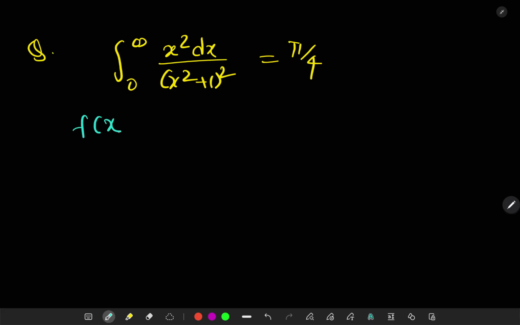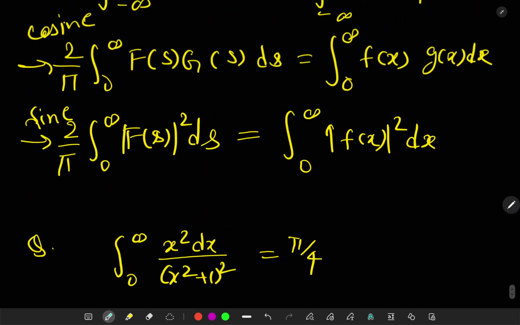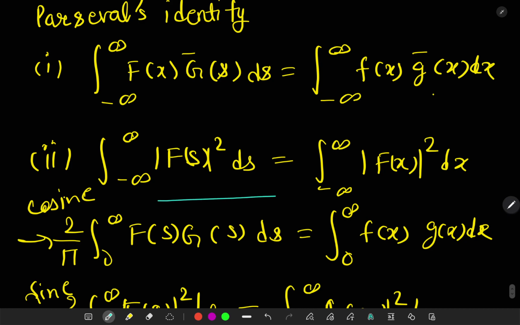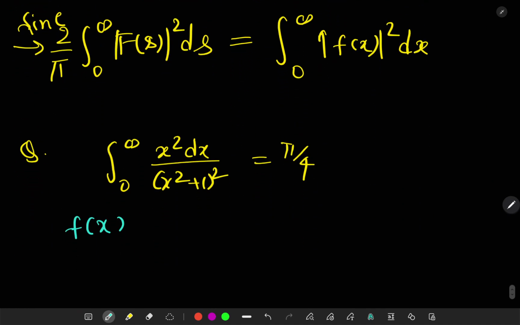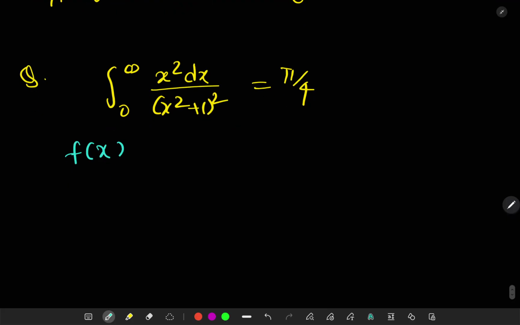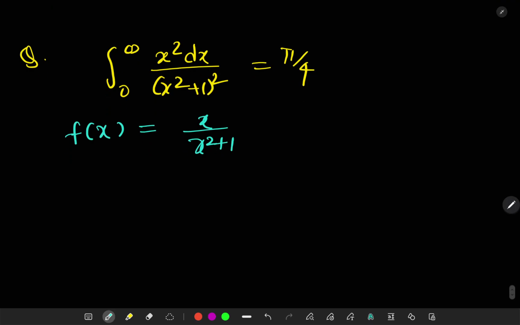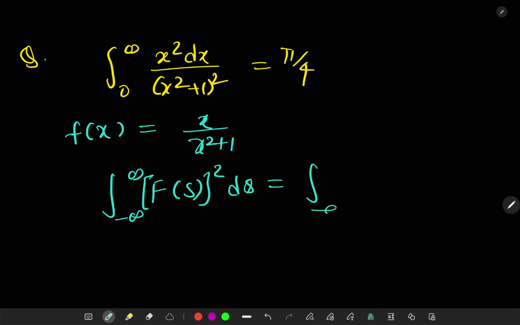Here, using the second Parseval identity, we need to find f of x, which is equal to, as you can see here, x by x square plus 1. Here Parseval identity is integral minus infinity to plus infinity mod of f of s whole square ds is equal to integral minus infinity to plus infinity mod of f of x whole square dx.